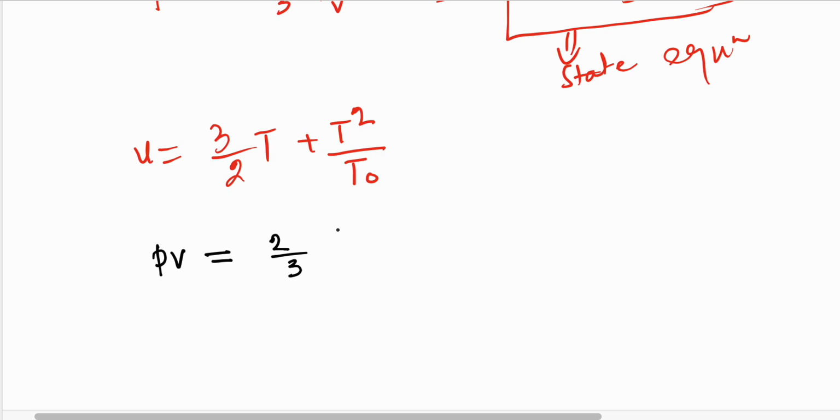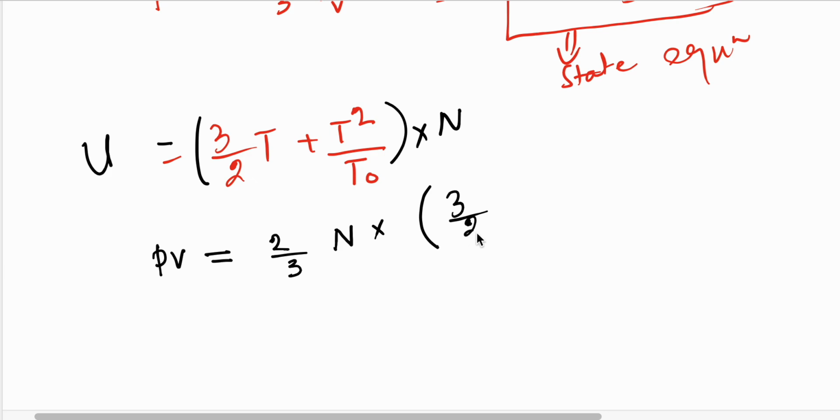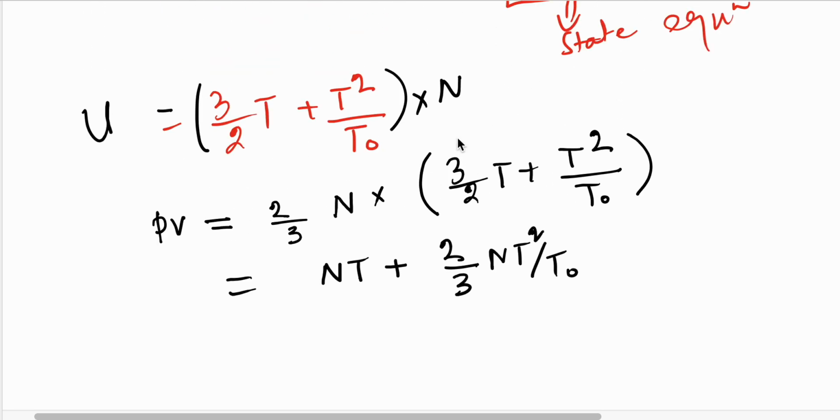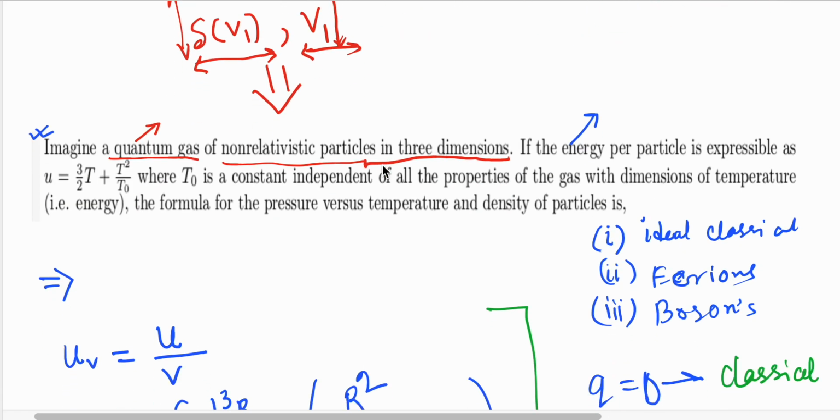So total U will be this into the total number of particles N: 3/2 T plus T square by T0, which gives NT plus 2/3 N T square by T0. Now you see that this is the answer to this question.